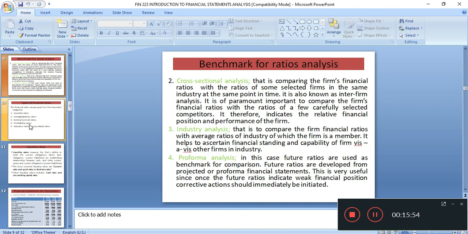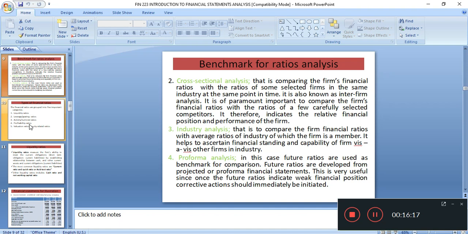Another is pro forma analysis. For pro forma analysis, here they mean that we compare the firm's financial ratios, in this case future ratios used as a benchmark for comparison. Future ratios are developed from projected or pro forma financial statements.